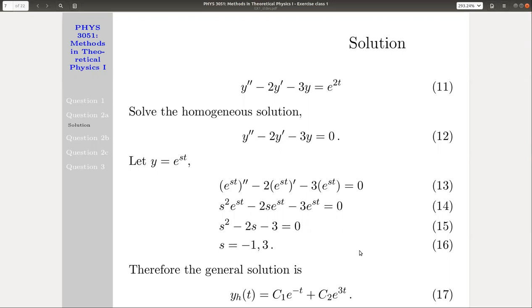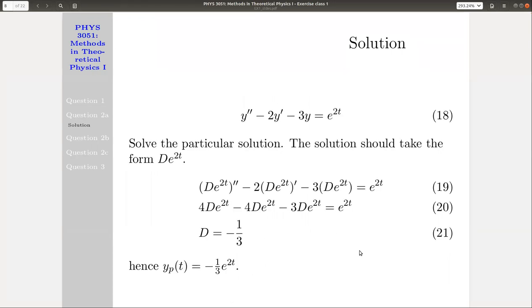And then the next thing is to find the particular solution. In order to make an educated guess, you have to observe the functional form of the inhomogeneous term.